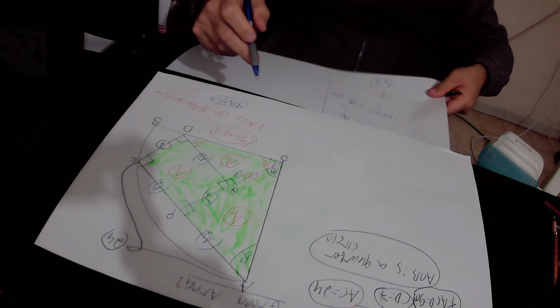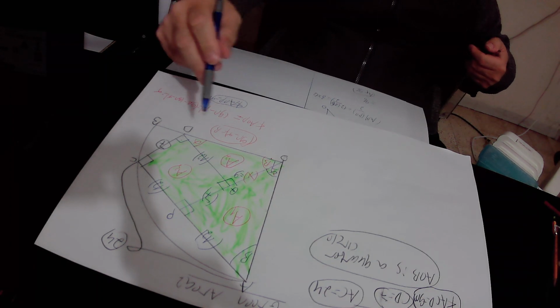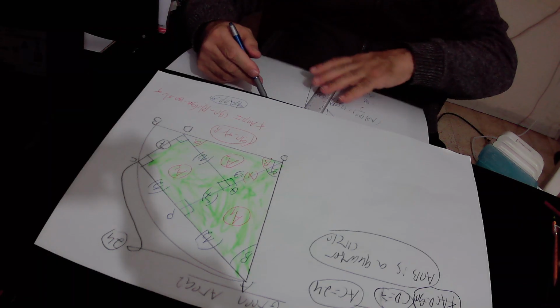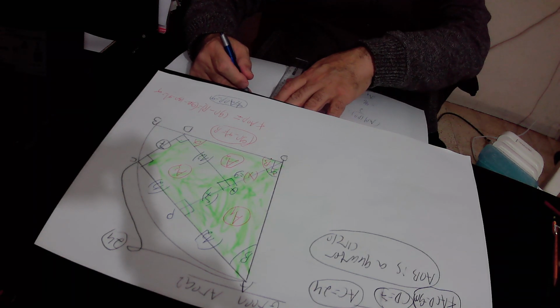Again, A2 equals the area of the right triangle OQD. Therefore, I'll copy the right triangle OQD in a new page, and find out the area of this green right triangle.